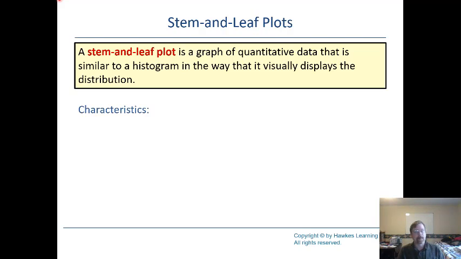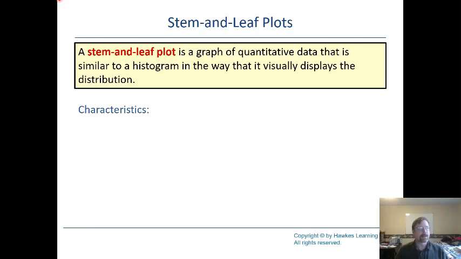If you think of it as a bin or a bucket, you're counting how many data points fit in each bucket. That's another way to think about the classes, and that's the terminology used inside Excel.